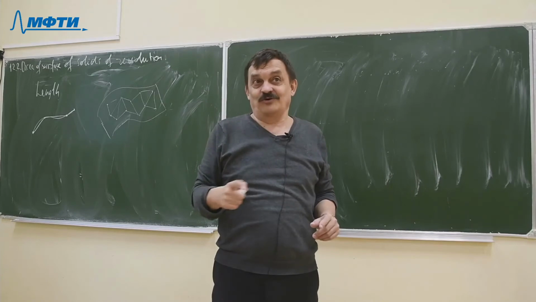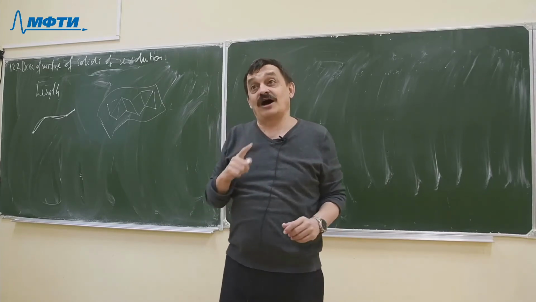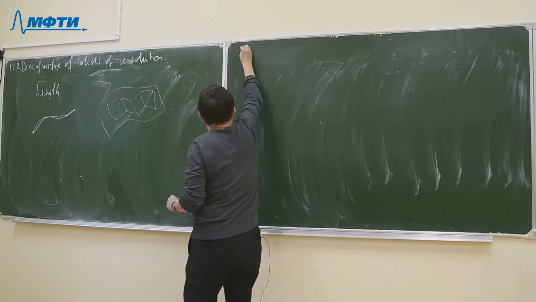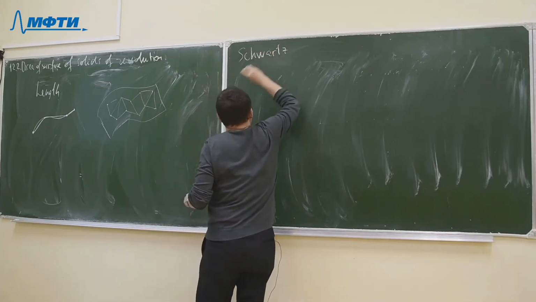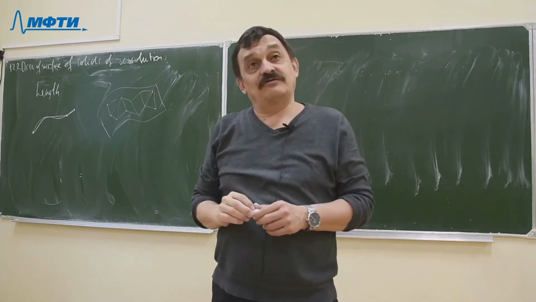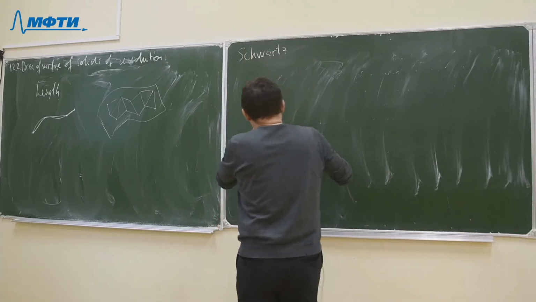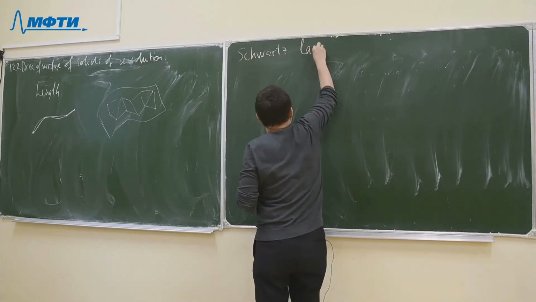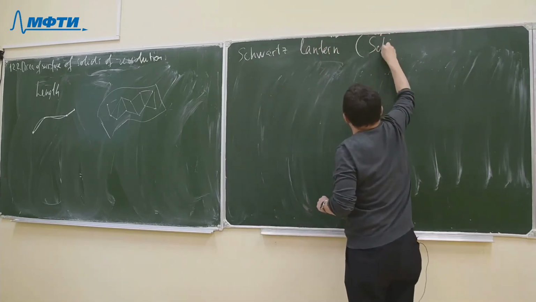and in fact was used as a definition in several analysis courses in the 19th century, until Schwarz found an example. He constructed what is called the Schwarz lantern, or Schwarz boot.